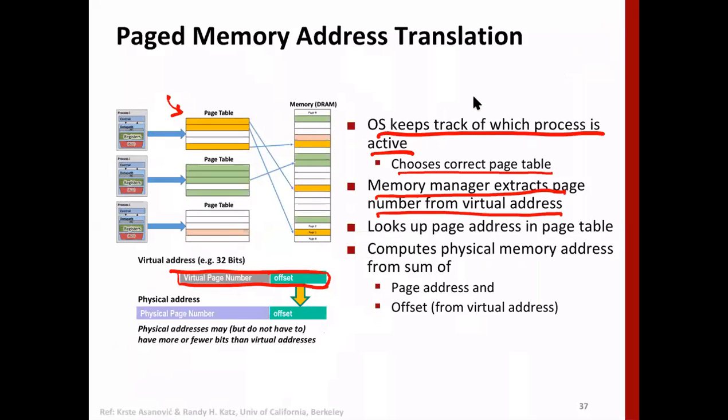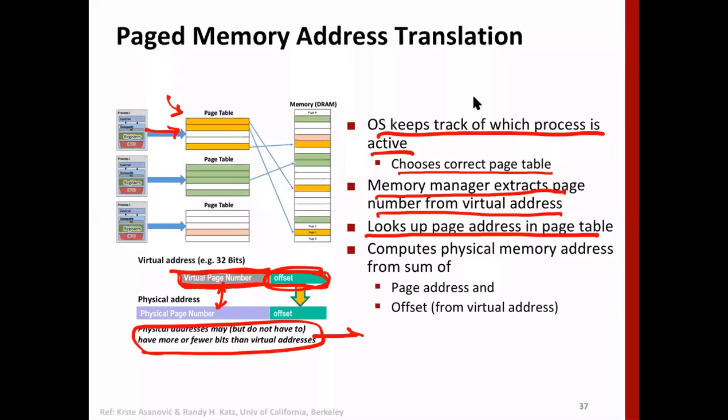From that you extract the page number and look up the page address in the page table corresponding to that process, because we know its base address. Then use the offset: the virtual page number maps into a physical page number, take the offset and you have the actual byte address.